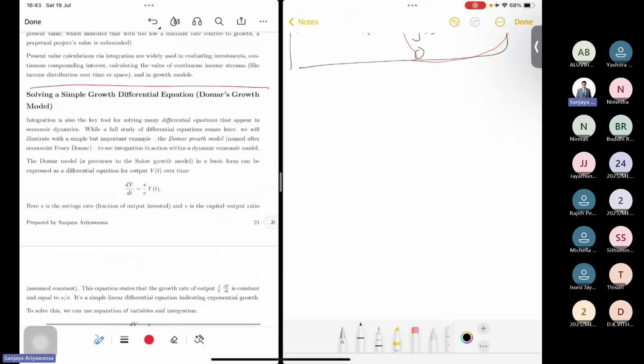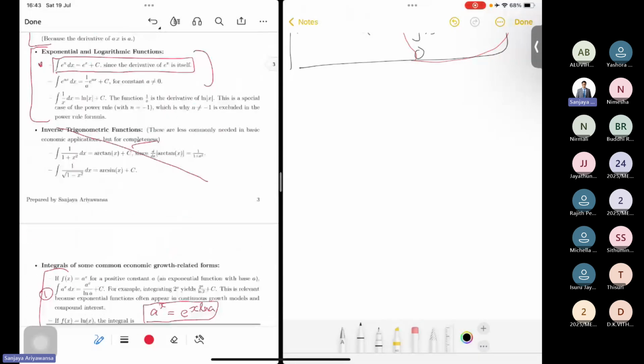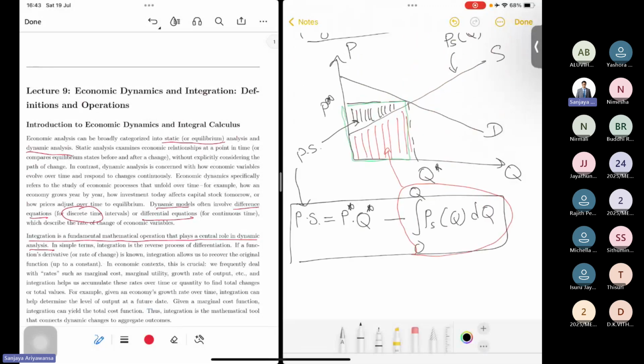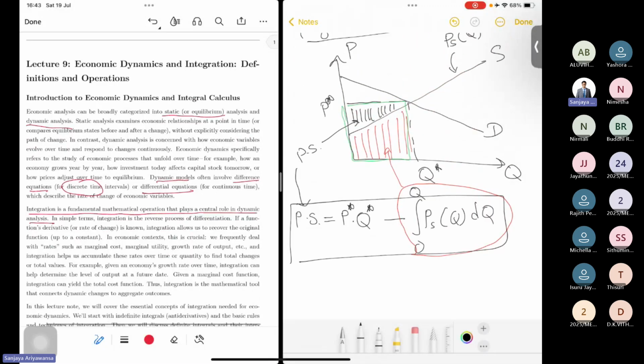Integration is actually, I would say, one of the harder sections if you have not done any calculus at all. So I would really urge you to do a lot of problems. What I saw in the midsem paper, as I told you last week, is that in the midsem I didn't check your mathematics knowledge.